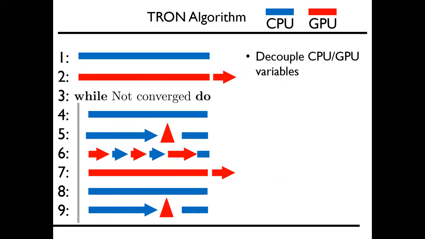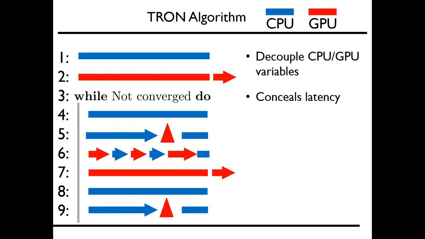They decouple dependencies of variables from the CPU and the GPU. So now we can see that some variables can effectively live entirely on the device without having to be transferred to the CPU. And that's also true of CPU variables. They can live entirely on the CPU and not have to be transferred back and forth to the GPU.